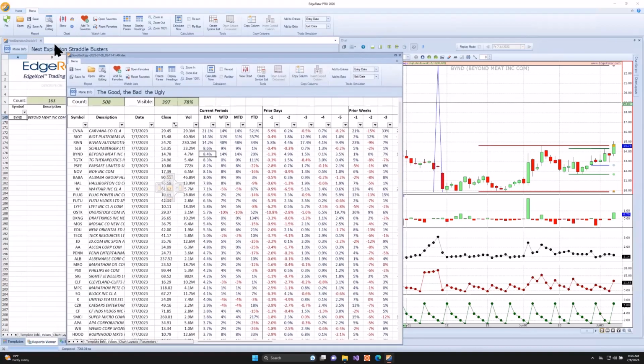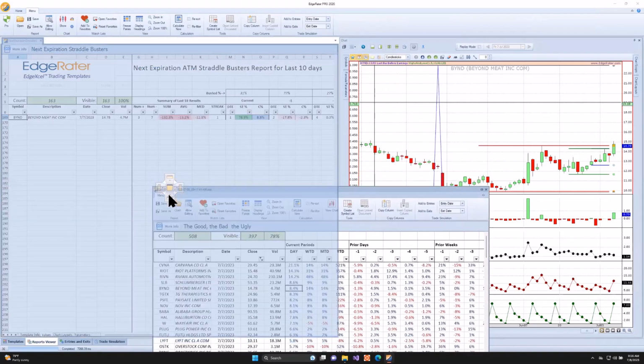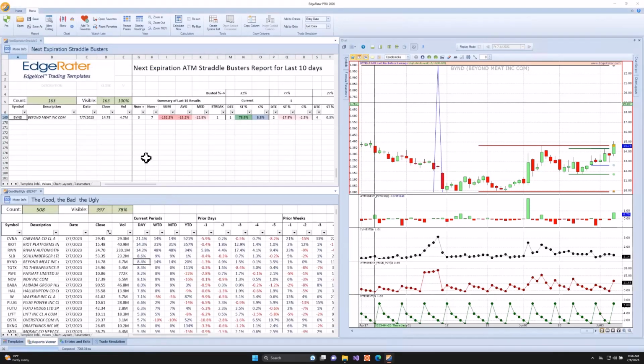You can see it splits from that main tab there, and I can put it at the top or at the bottom, thereby creating essentially a paned view. So I've got an upper and a lower pane.